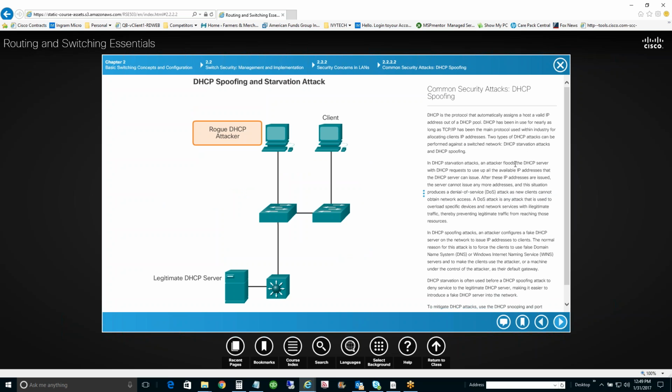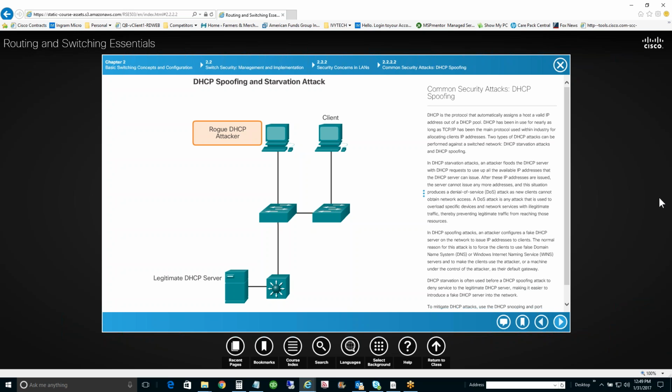DHCP spoofing is a similar type of attack. If you remember, DHCP is the protocol that basically determines what IP address a client on a network gets, and in DHCP spoofing attacks, an attacker configures a fake DHCP server on the network to issue IP addresses to clients.